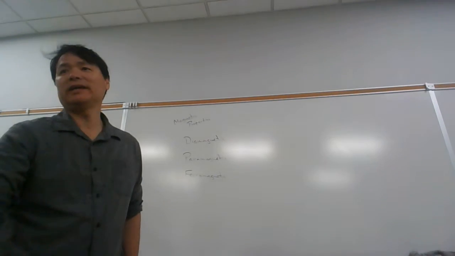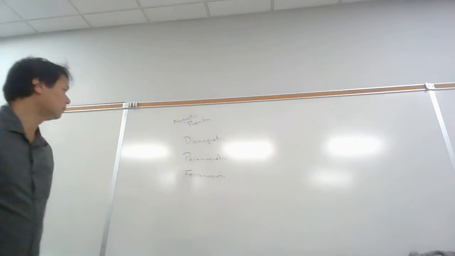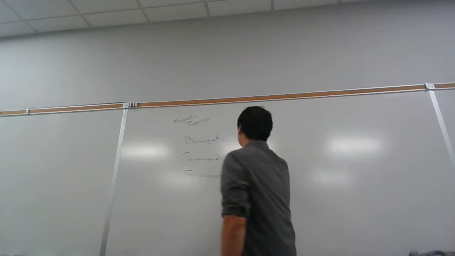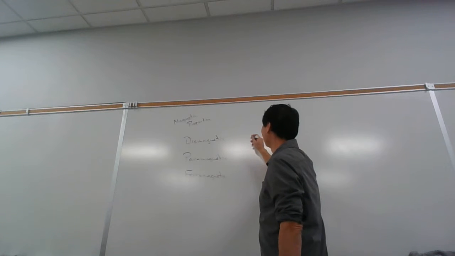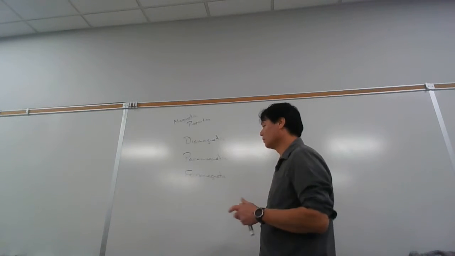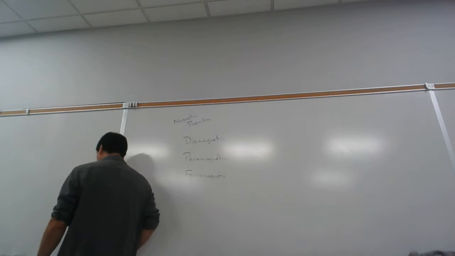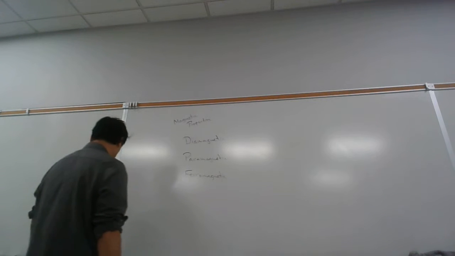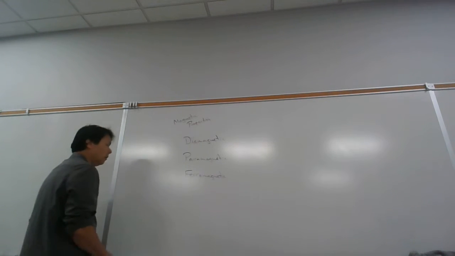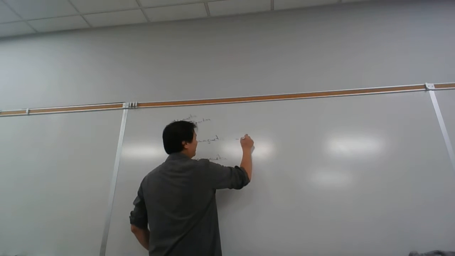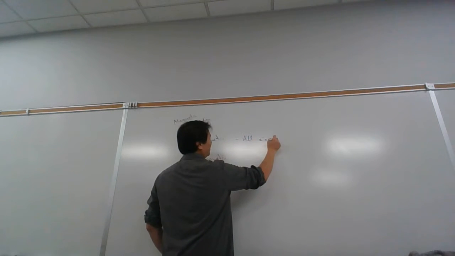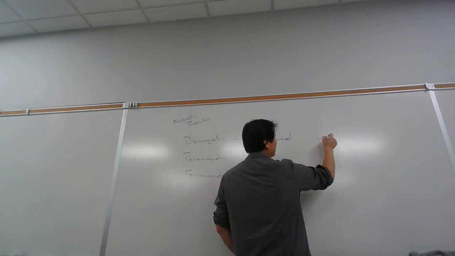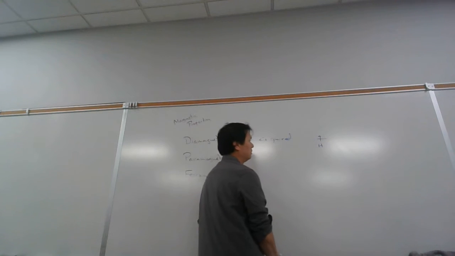So there are 3 magnetic properties that we usually think about. One is diamagnetic. In a diamagnetic compound or atom or whatever you're looking at, diamagnetic means all the electrons are paired. For example, hydrogen has an unpaired electron.